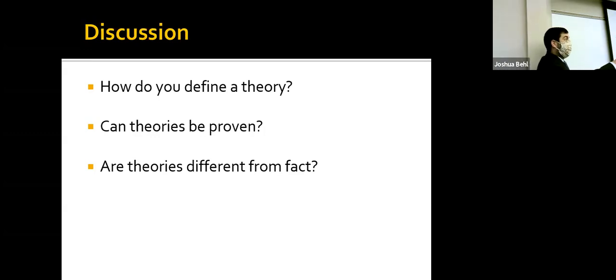So we're getting back to the definition of a theory, right? So theories are ideas or testable propositions. Are they different from fact? The answer is kind of, we're going to punt on it a little bit, right? Because in some regards, they are different from facts, right? Because two hydrogens and an oxygen always and all the time will give you what? Water.